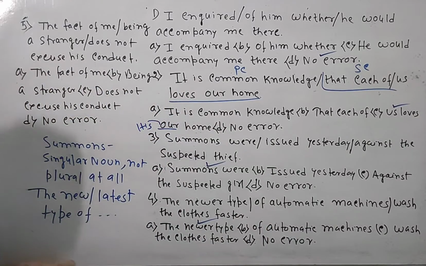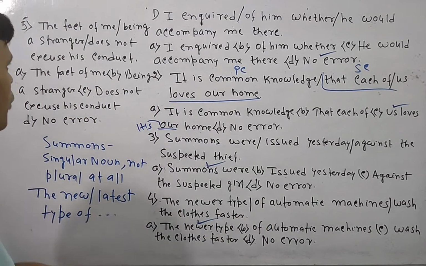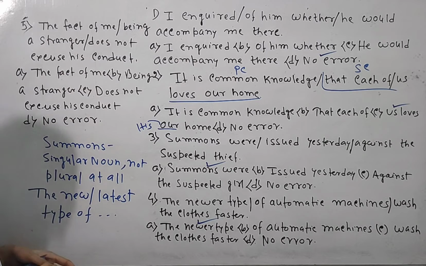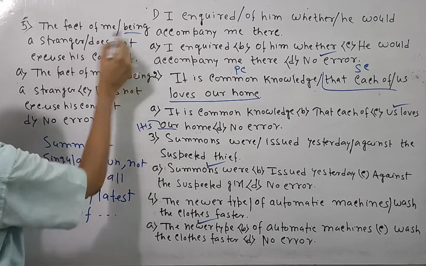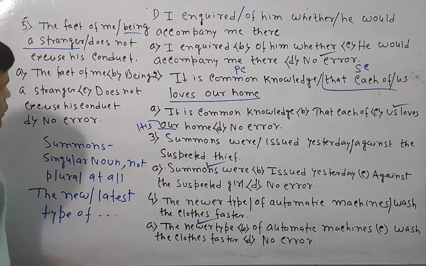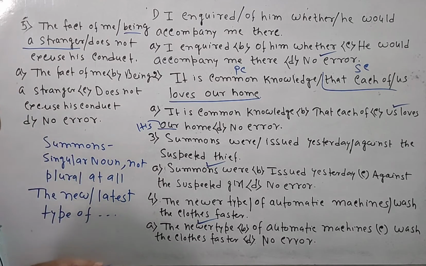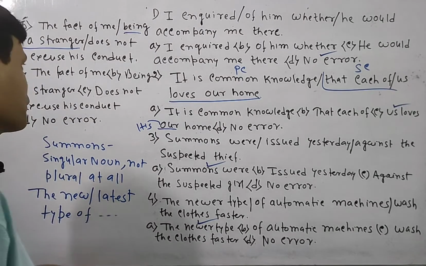Now if I just look over the next question, the fact of me being a stranger does not excuse his conduct. Now look over the option, the fact of me being a stranger does not excuse his conduct or no error. So be careful about one thing, this part being a stranger belongs to the participle category.